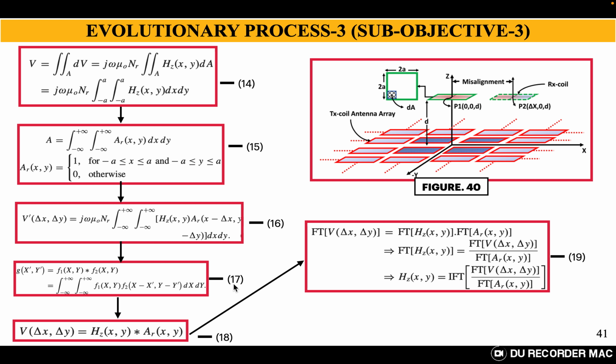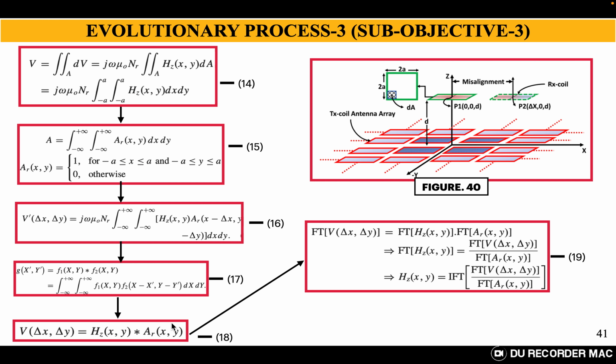And equation 17, as you can see, g of x comma x dash comma y dash, is equal to the convolution of two functions. Whatever result you are seeing here is simply identical to equation number 16. If you compare equation 16 and equation 17, you'll understand that the induced voltage, which we are determining under the misalignment condition, is nothing but the convolution of the magnetic field and the area of the receiver coil.